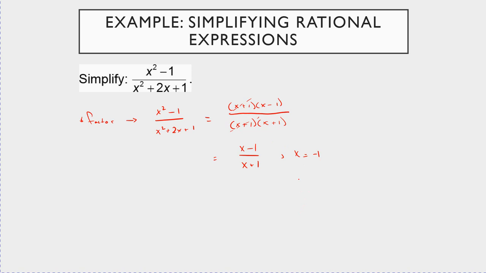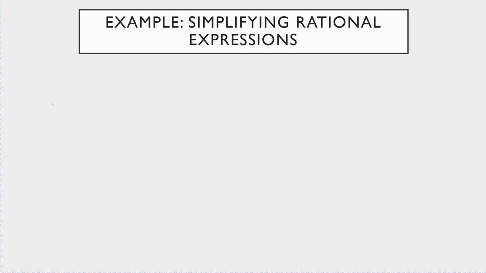All right, let's do another one here, just so you can see. Let's simplify x squared minus 36 all over x squared plus 8x plus 12.